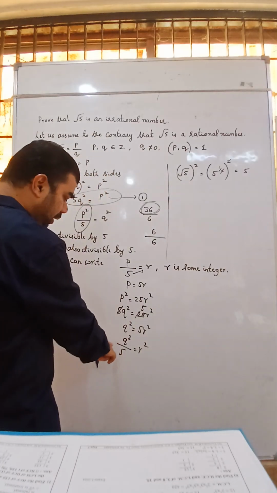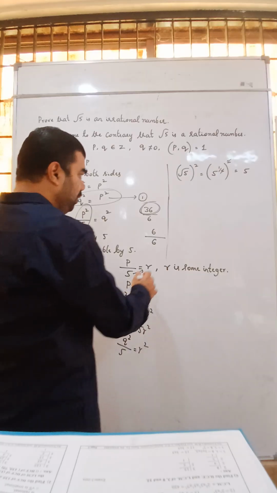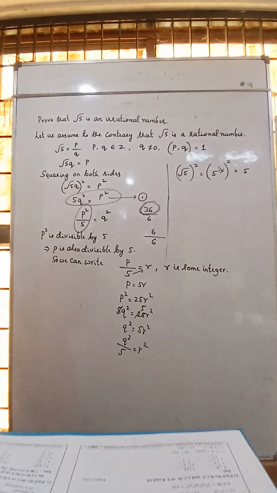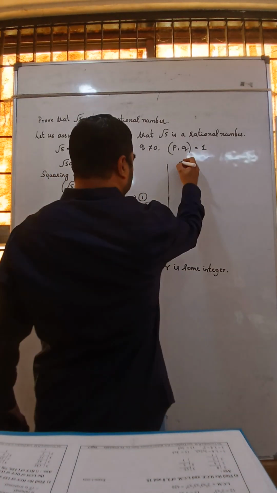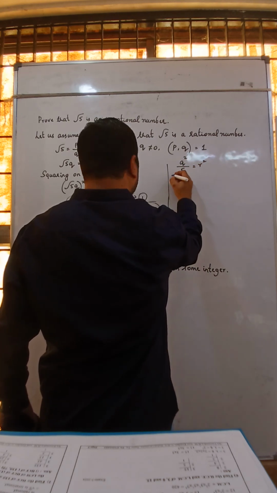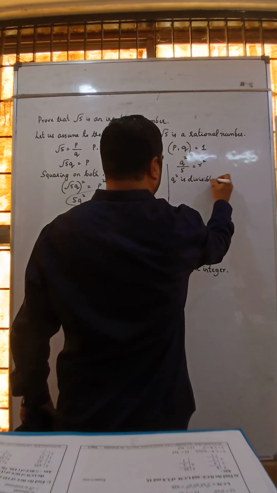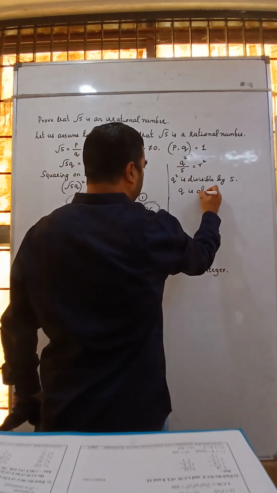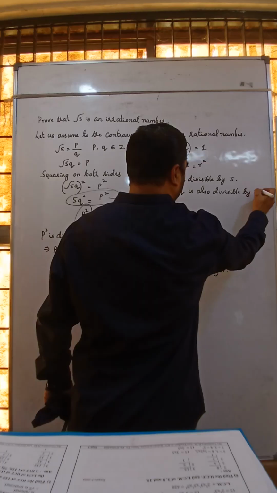Okay. So here what you can observe is that q square is divisible by 5. If q square by 5 is some r square, so we can write q square is divisible by 5. If q square is divisible by 5, q is also divisible by 5.